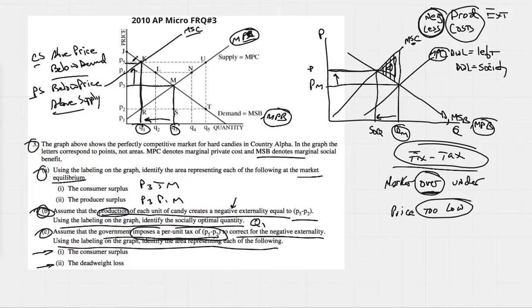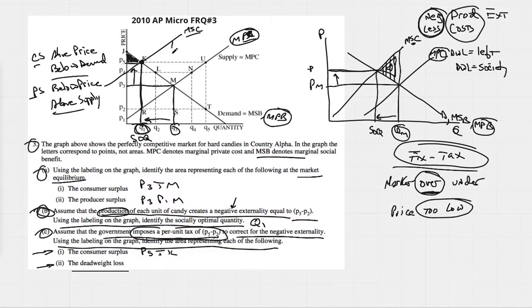There you go. So this triangle right here would be our consumer surplus: everything above the new price, everything below the demand curve. So P5JK, I think that's right, P5JK. Deadweight loss. Now understand that we are now at the social optimal quantity.